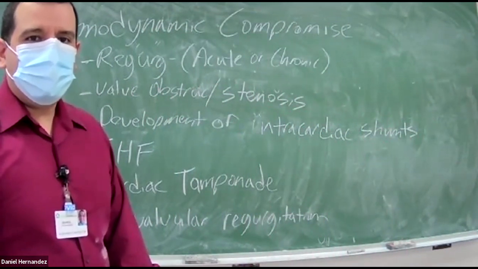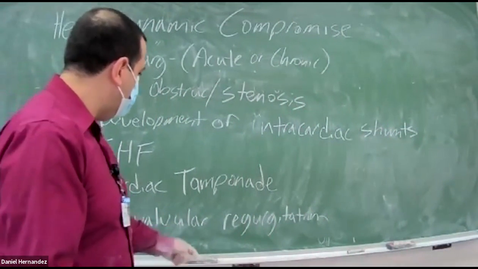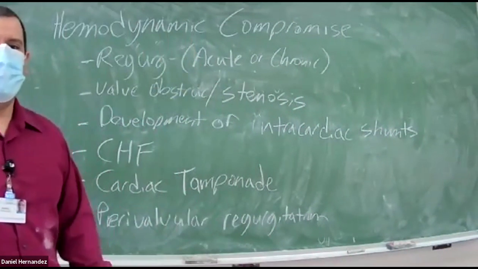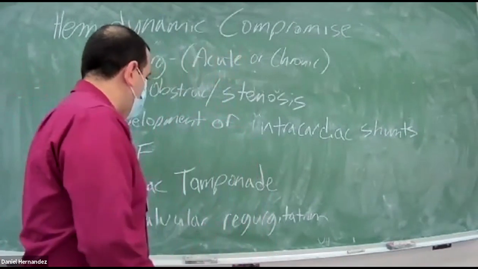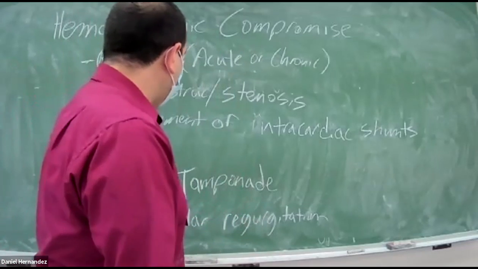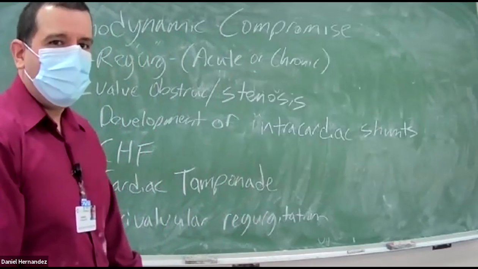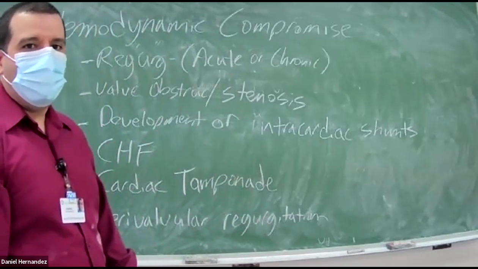So I was reviewing with the second years for their registry, and we were talking about tamponade. I don't know if I explained it well enough. Tamponade is a condition where we have hemodynamic compromise of the heart.